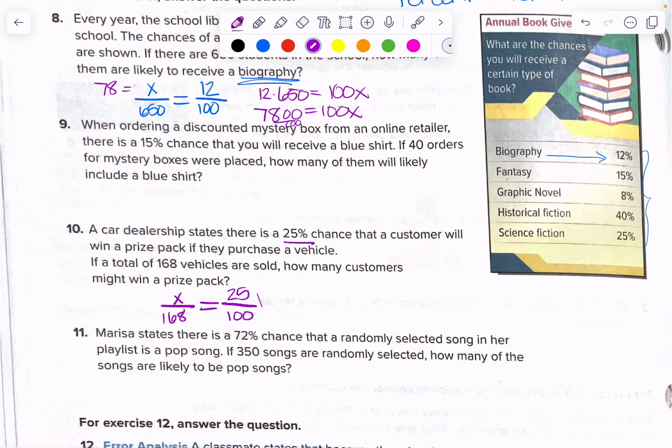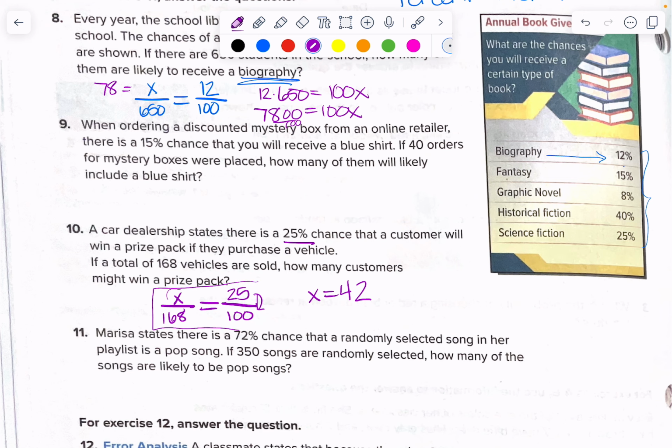Some of you might see that 25 is 1/4 of 100, which means that we're looking for a fourth of 168. Or again, you can use your cross products. Here, x would end up being 42. And so 42 out of the 168 customers would receive a prize pack, okay? Or would be expected to win a prize pack.